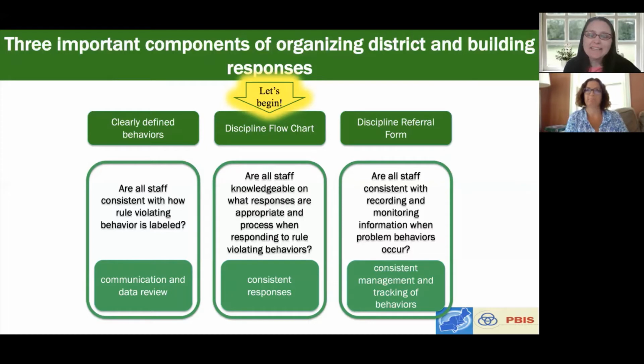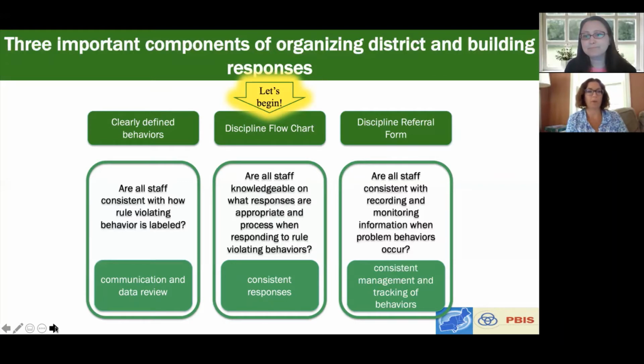And so your school might want to also look into teaching staff about vulnerable decision points and utilizing neutralizing routines so that we can ensure that we are checking our own unconscious biases and that we're really responding consistently and creating equitable learning environments and response systems for students in our schools.